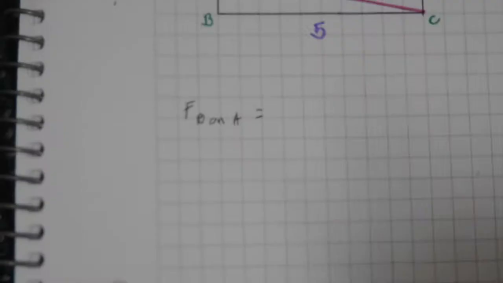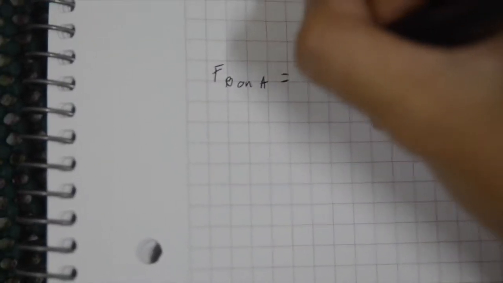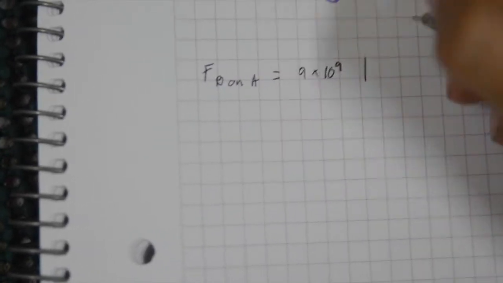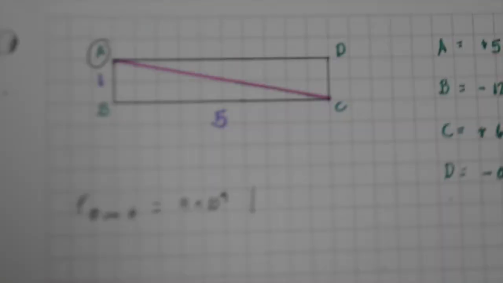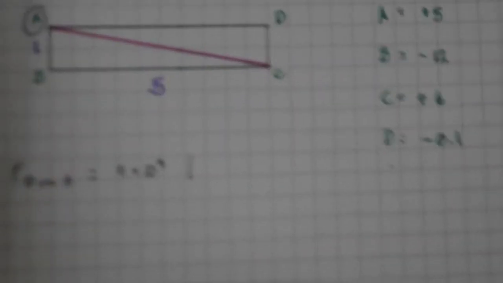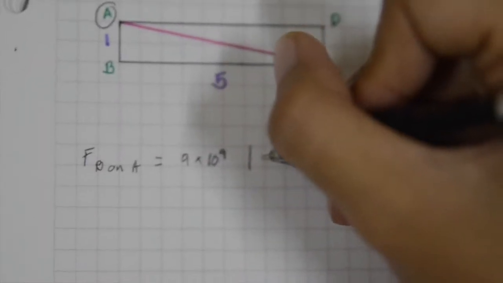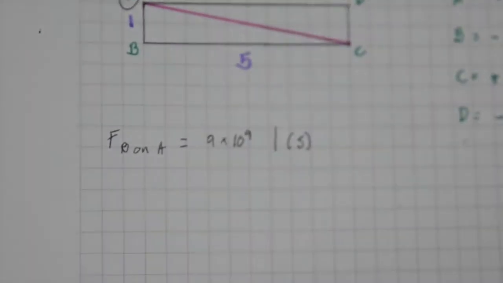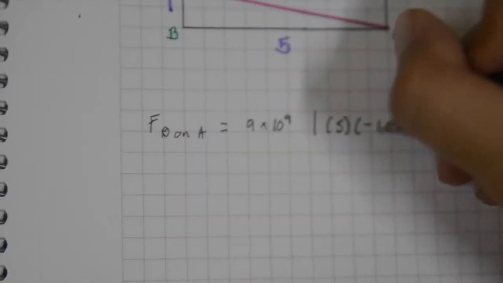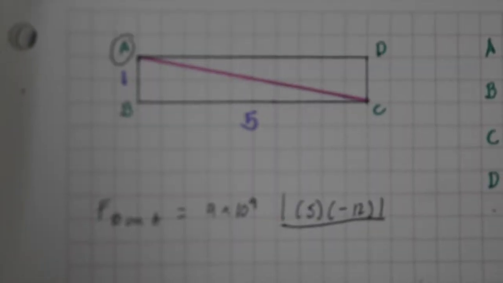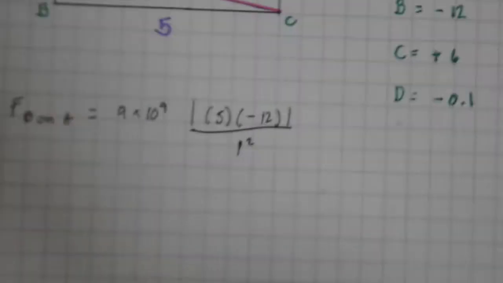Okay, so let's input values using the same formula. That's 9 times 10 to the 9. Q1 is A, so that is positive 5. Then Q2 is B, so that's negative 12, over the distance between the two of them, which is 1, so 1 squared.